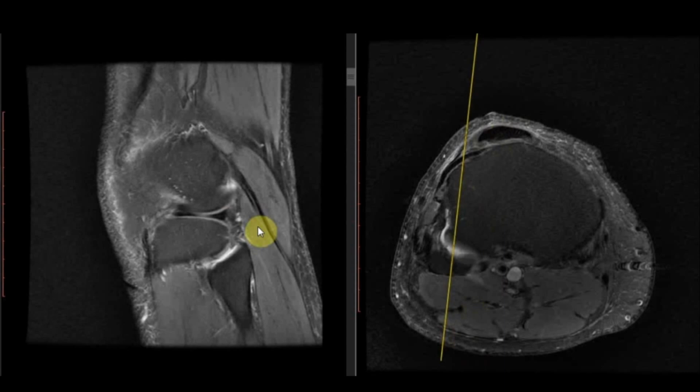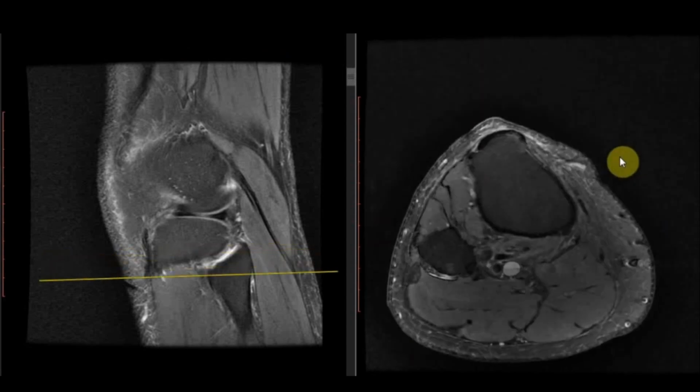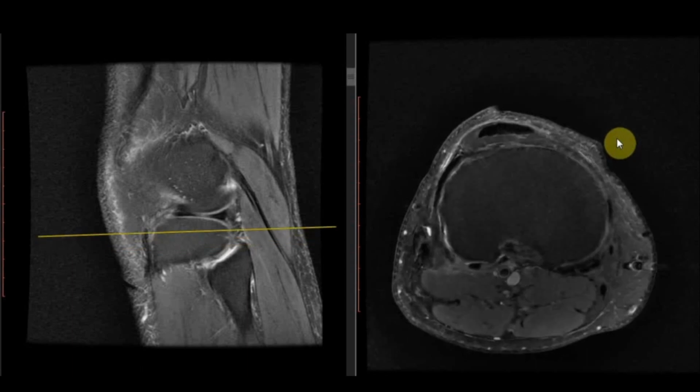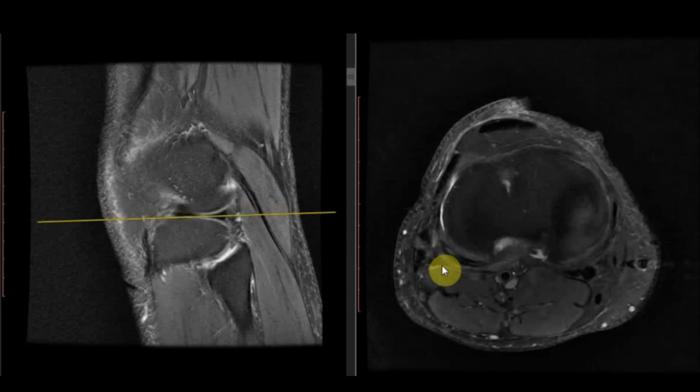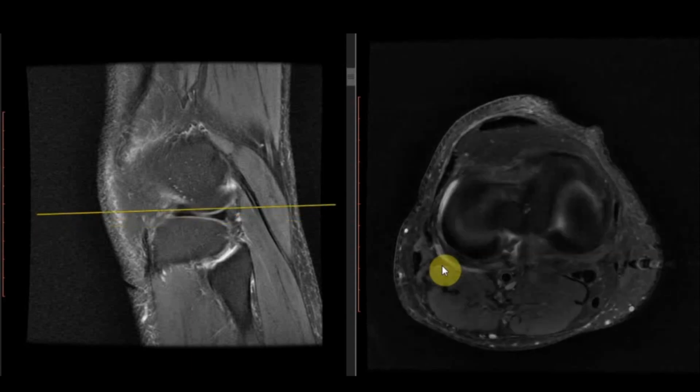And there is no obvious edema here because the patient presented quite some time after the trauma, so the edema has subsided. But there is subtle edema present here, so we can say that the patient suffered a posterolateral corner injury along with the cruciate ligament tear.